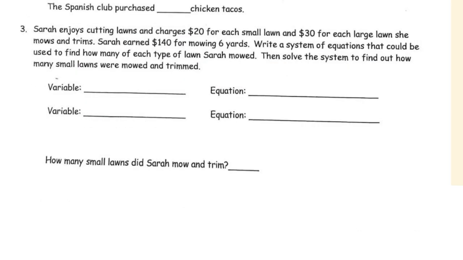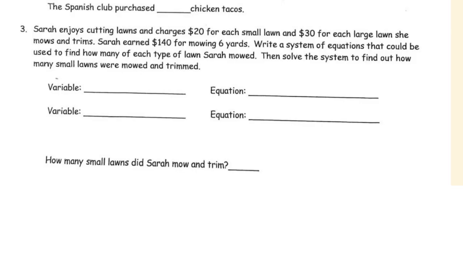Sarah enjoys cutting lawns and charges $20 for a small lawn. There's that each word. So we know we're going to be doing what there? What does each tell us? We know we're going to be multiplying something. And $30 for each large lawn. So we're multiplying something there. She mows and she trims. She earned.